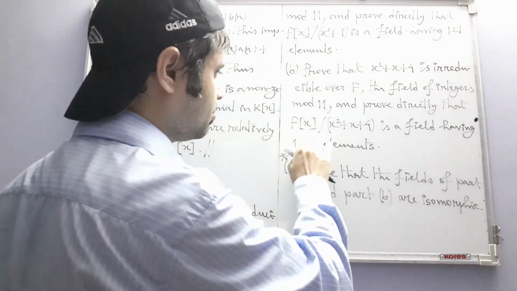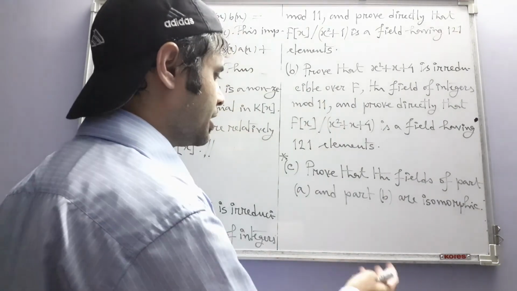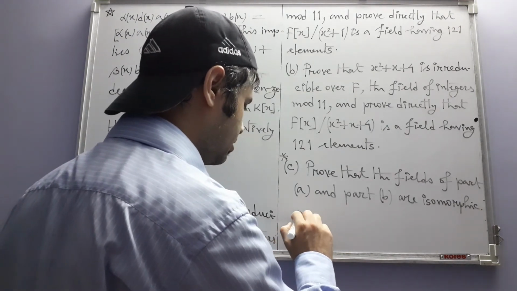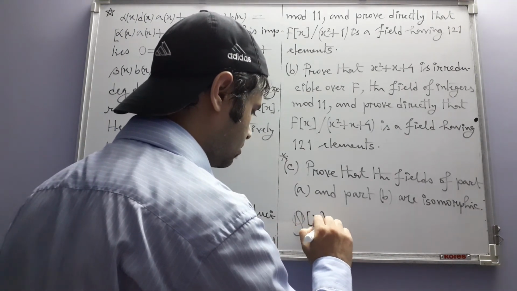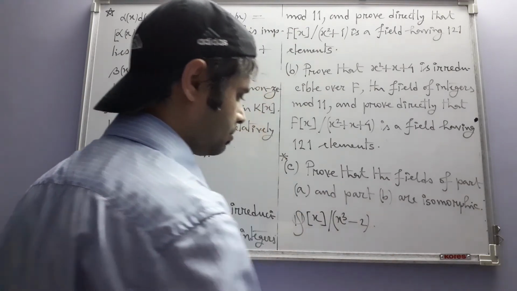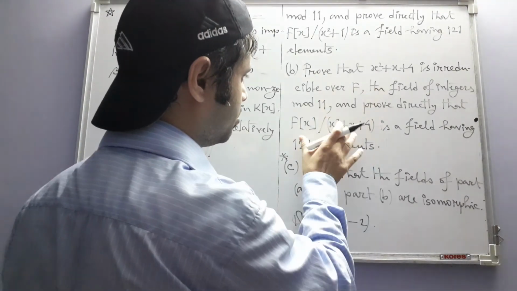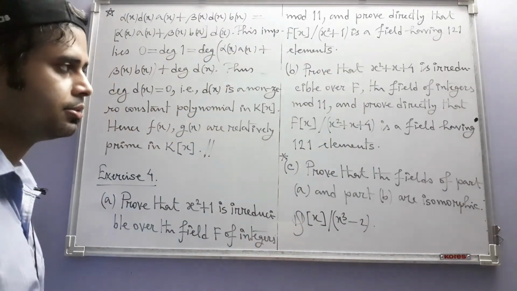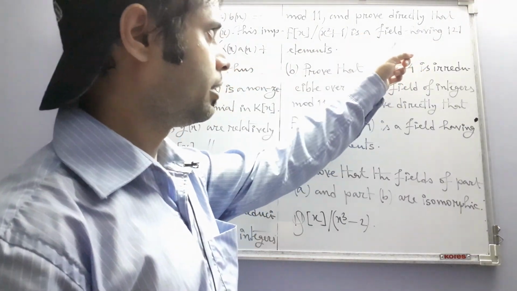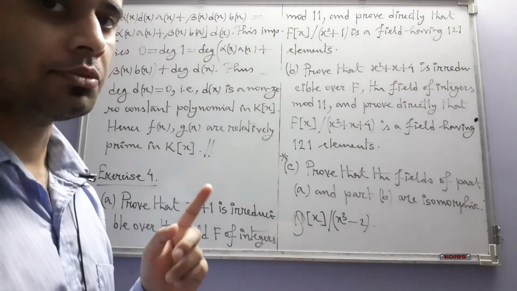However, we have been asked to show directly that these are fields, just like in the text we directly showed that this is a field. Much like that, here we have to show that both these quotient rings are fields. Now note that the number of elements is 121.